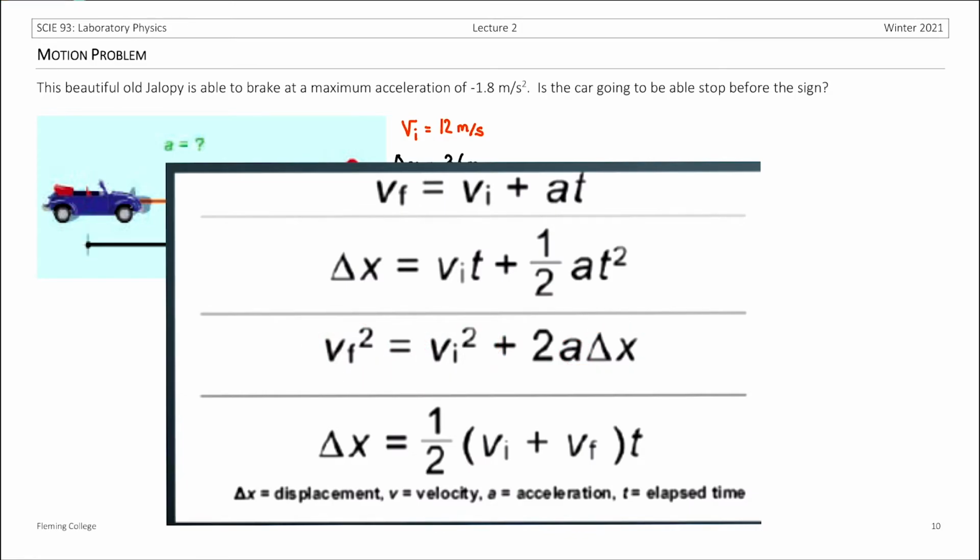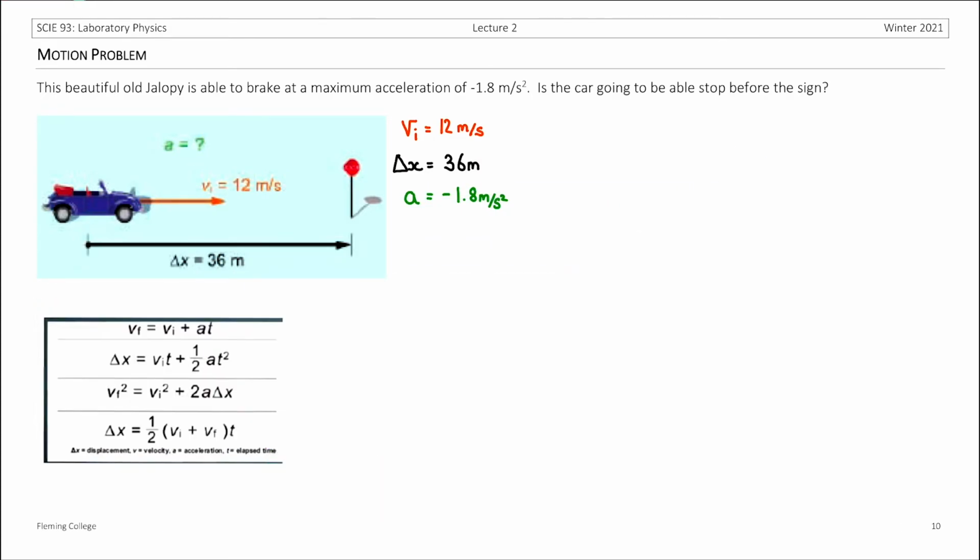So let's start with that equation. The equation begins arranged for velocity final squared. So we must manipulate the equation to be for velocity final.